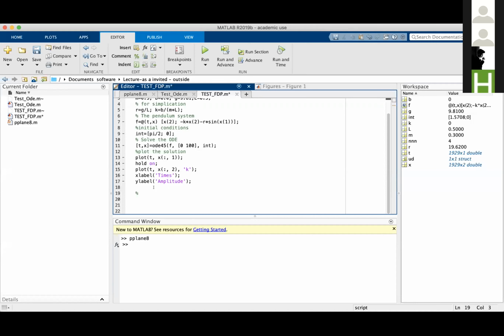Let me comment it: numerical solution of linear ODE, the pendulum system.